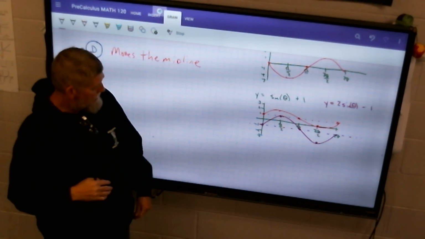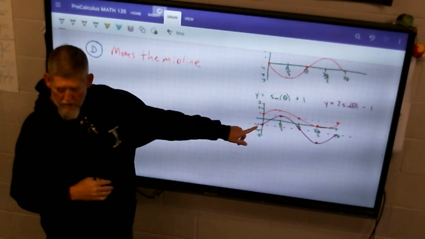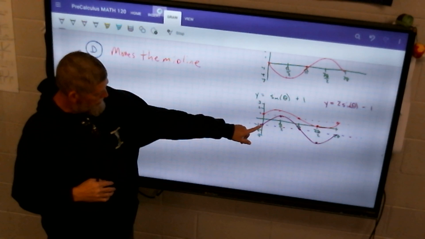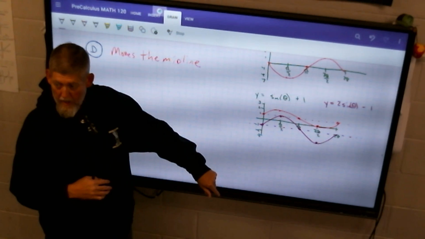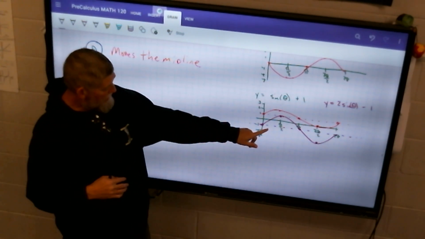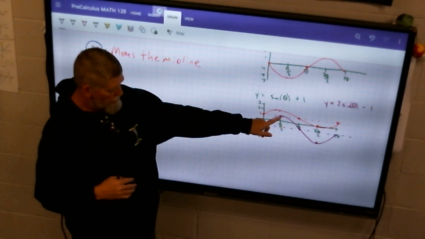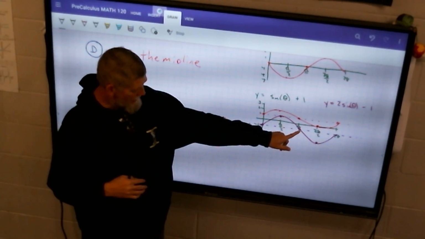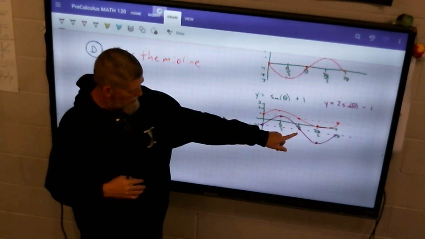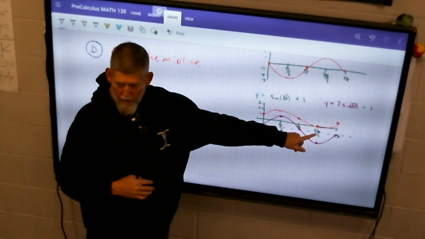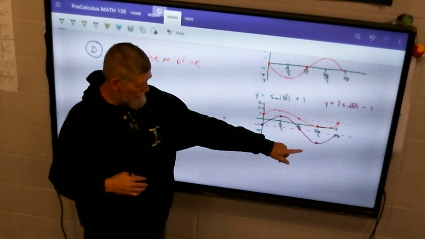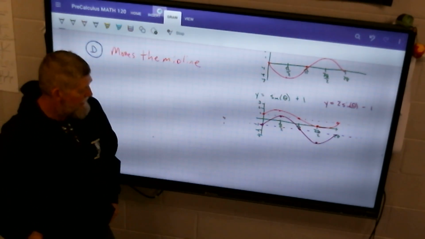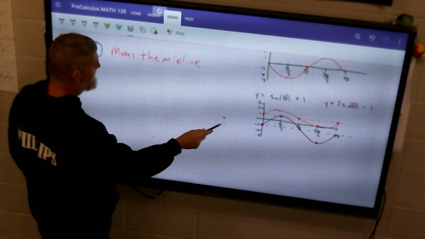Then you always start at 0. So, up 2. Then at the amplitude, now I go up 1, 2. Back to 0. Then at the minimum, I go down 2 and back to 0.